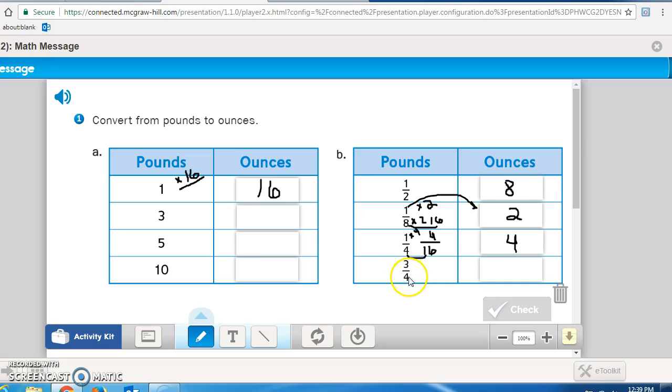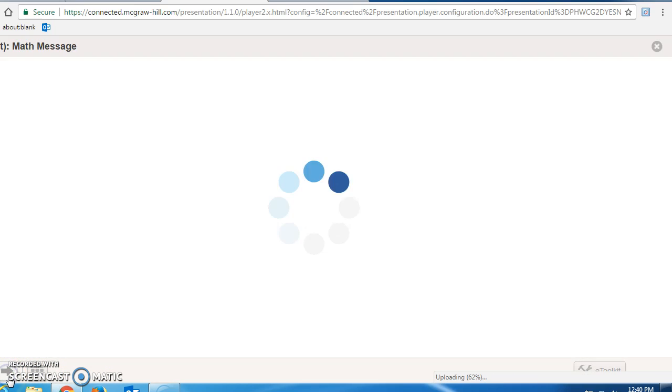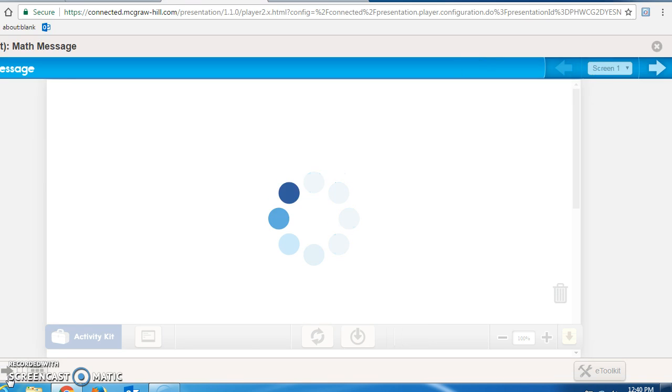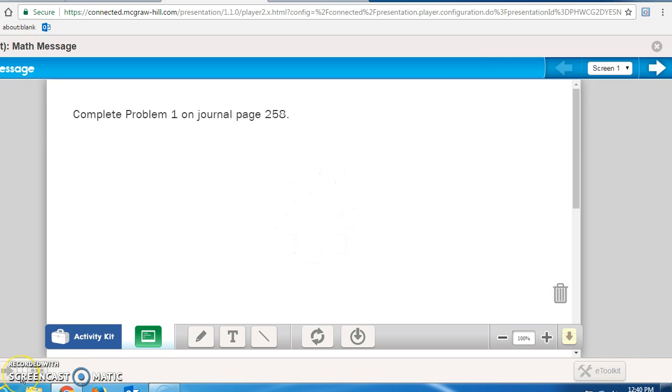And again, if I have 3/4 a pound, and I'm converting it to 16, how did 4 become 16? Times 4. So what is 3 times 4? 12. So if I have 3/4 of a pound, I have 12 ounces. Remember, you can always rewind the recording to see how I did that again, so that you can do this yourself without having to ask for assistance.